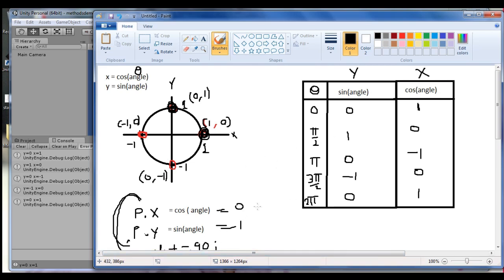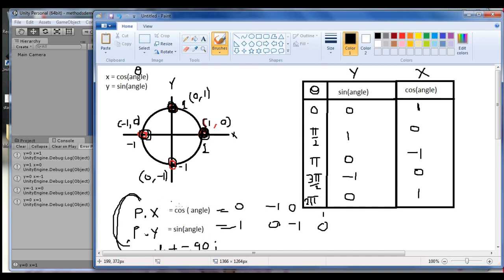What we get here is x will be minus 1 and y will be 0. So where will the object be? The object will be in this place, right? Next time we get x equal to 0, y will be minus 1. So the object will be over here. Next time x will be 1, y will be 0. The object will come back to the same place.